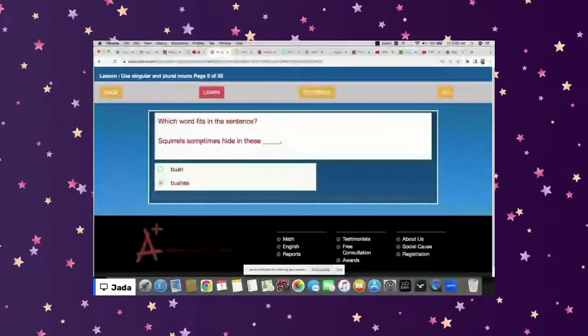So what's your right answer here? Bush or bushes? These what? Bush or bushes? Bushes. Yes, exactly. When we have this, it shows that it is plural.